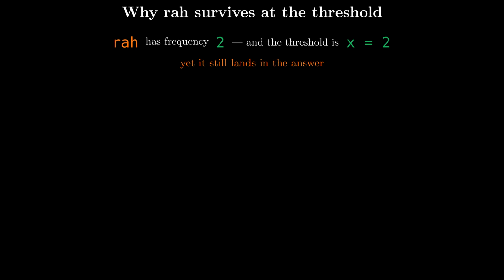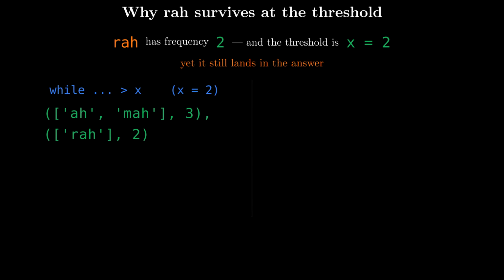Here is the subtle part. Ra has a frequency of 2, and our threshold is also 2, yet Ra made it into the answer. The reason is hidden in those two calls. The while condition tests the frequency carried over from the previous round, not the one we are about to append. So on the second round, the condition sees the 3 from before, lets us in, and then we append Ra at 2 with no further test.